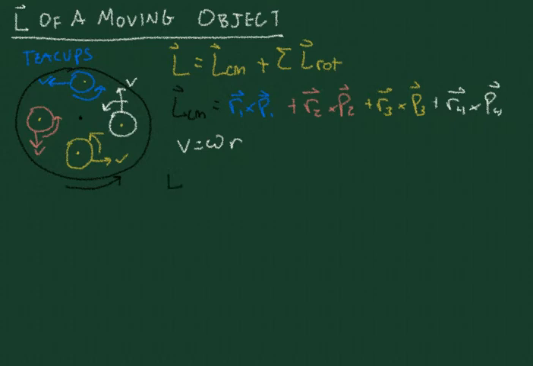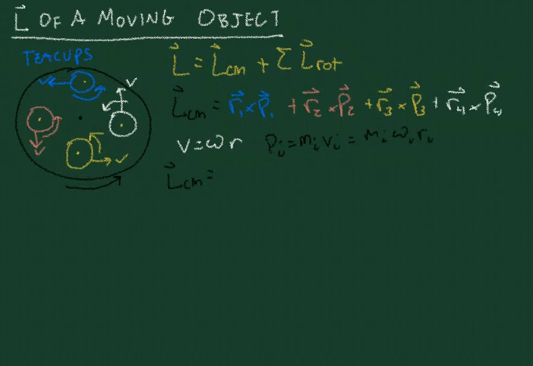So the angular momentum of the center of mass is just equal to, so each p is just m times v. So p sub i is just equal to mass sub i v sub i, which is equal to mass sub i omega sub i r sub i.